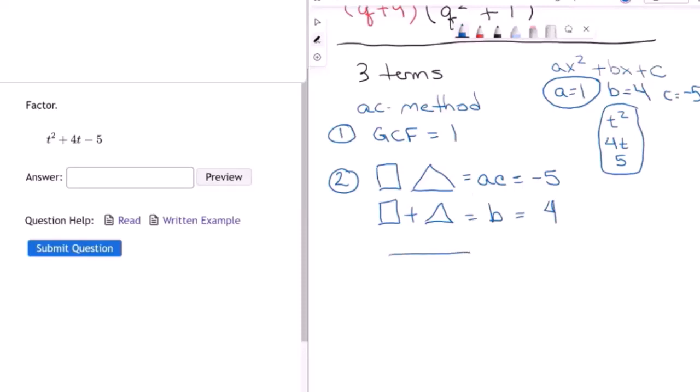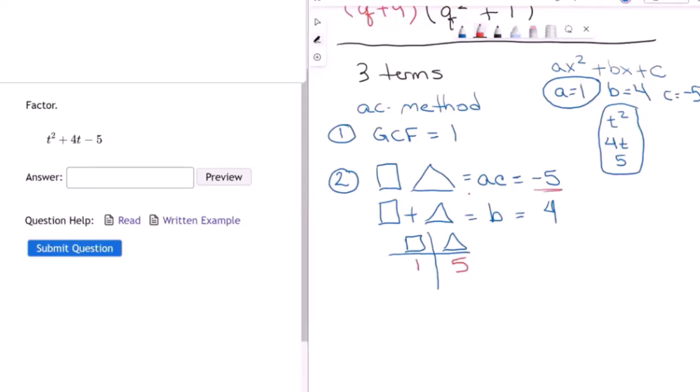How do I find these factors? Usually I use letters, but I'm just using this. I need to multiply two numbers together to get -5. Well, 5 is only 1 times 5. And then I have to add these two numbers together. And remember, this is negative.